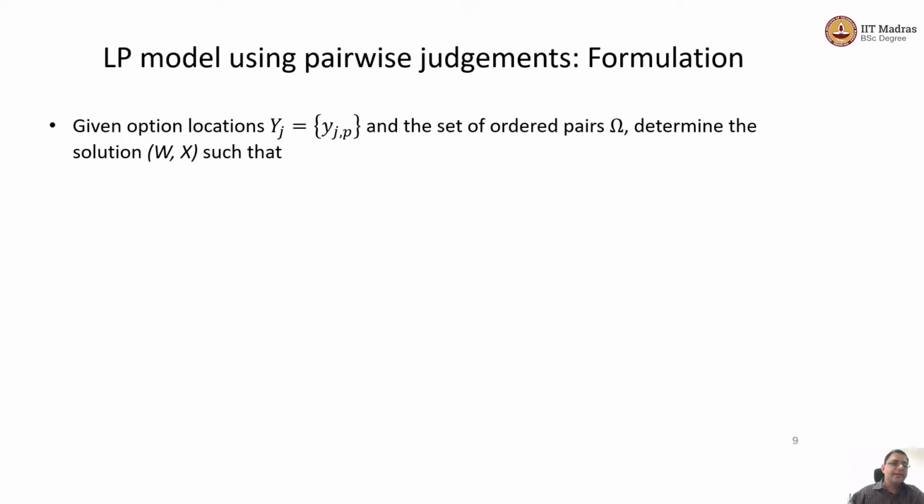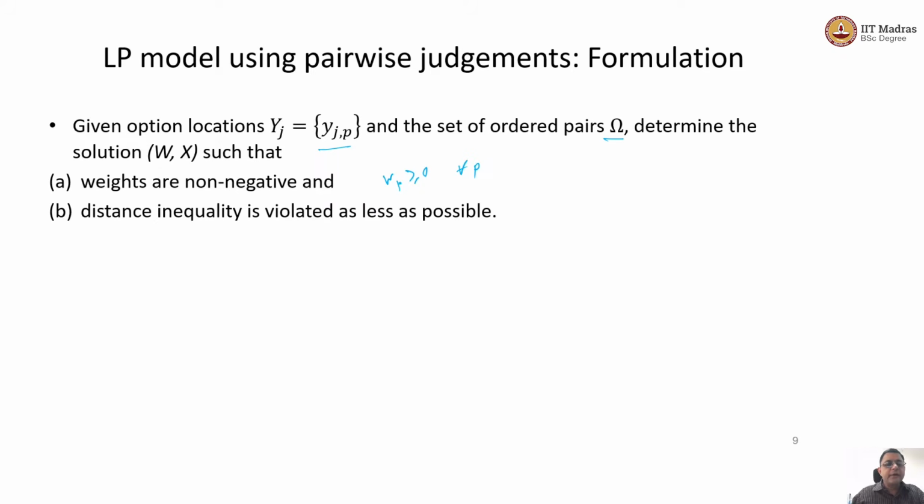Okay, so let us say that we already know these locations. YJP is known for a set of ordered pairs omega. We need to find W and X such that weights are non-negative. WP has to be greater than or equal to 0 for all P's.